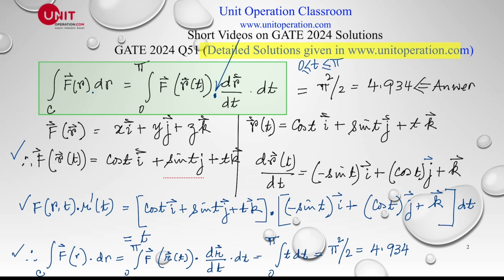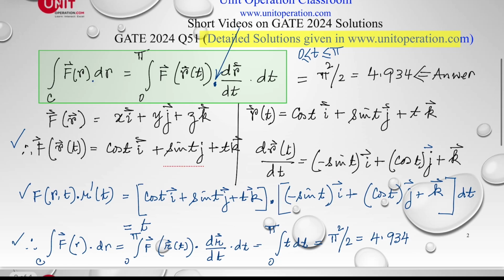Also, we need to find the derivative right here, which is very easy. Once we have the derivatives, we take the dot product between these two vectors, and we know i dot i is equal to 1, i dot j is equal to 0, and so on. So the terms left are negative cos t sin t and positive sin t cos t, which just cancel out, and t times k dot k is equal to 1.